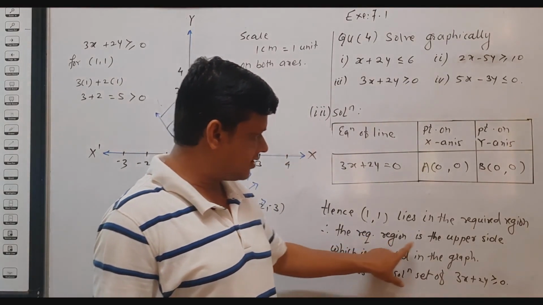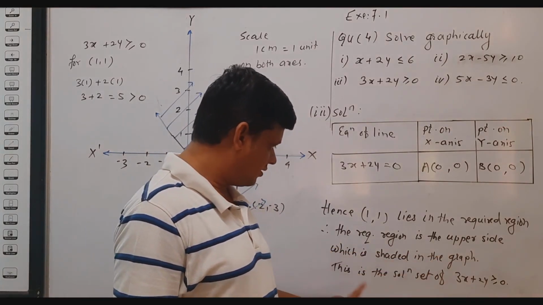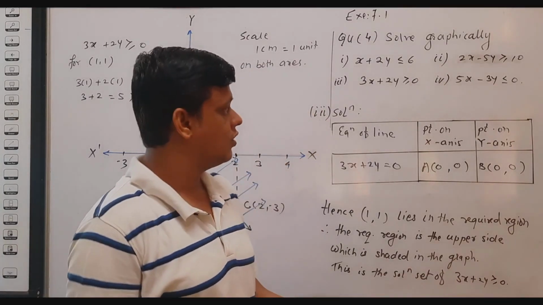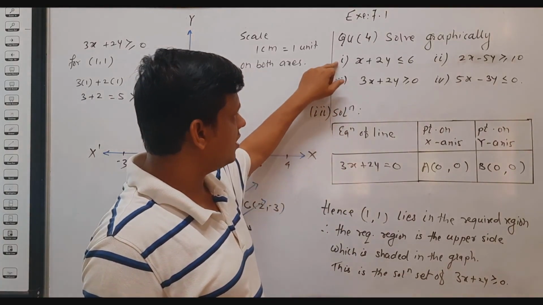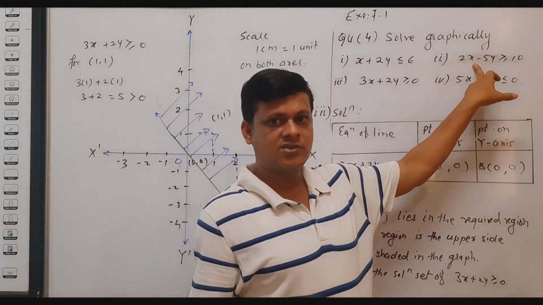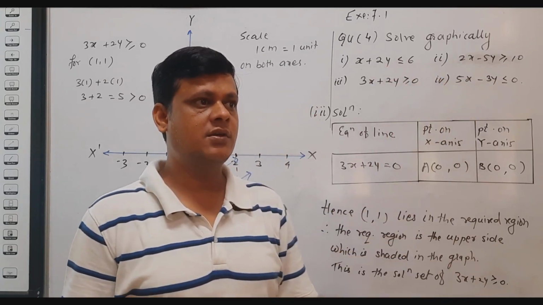Therefore the required region is the upper side, which is shaded in the graph. This is the solution set of 3x plus 2y greater than or equal to 0. So we solved sub question 1 and sub question 3. You have to solve sub question 2 and sub question 4 with the help of these two questions.